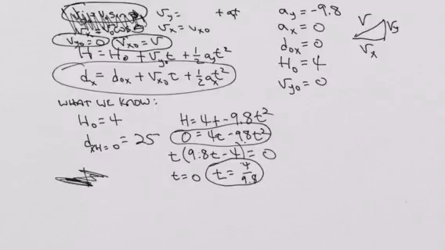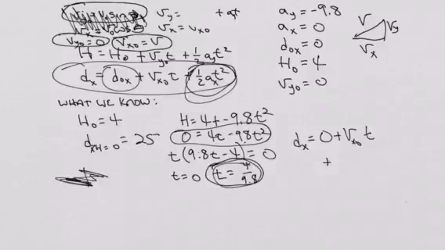That is going to be d sub x equals 0, because my initial distance was 0, times t, plus my initial velocity times t, which we now have a value for, plus 1/2 acceleration in the x direction, that's equal to 0, so this whole term goes to 0.